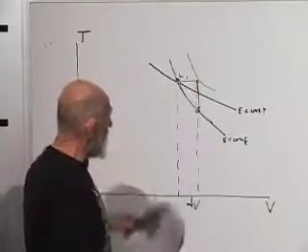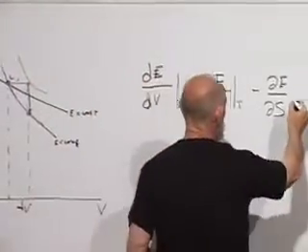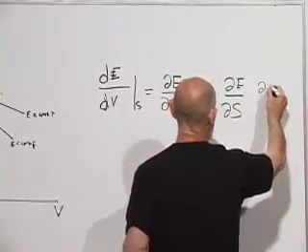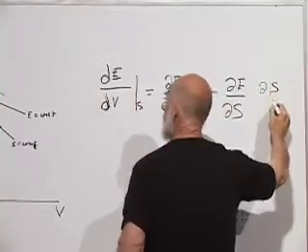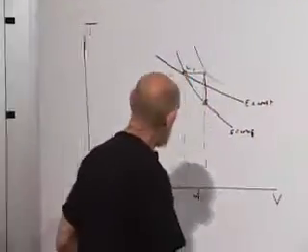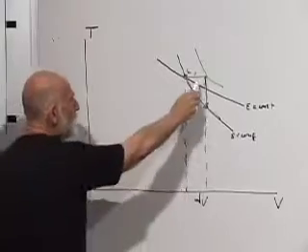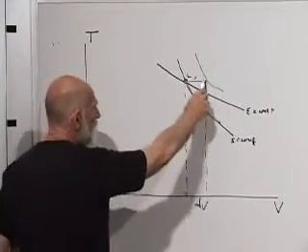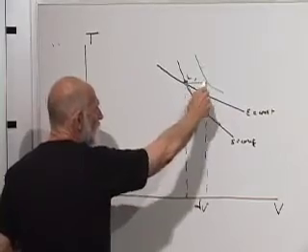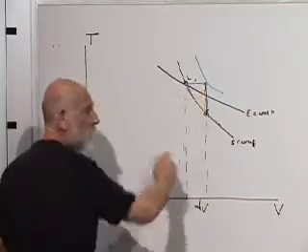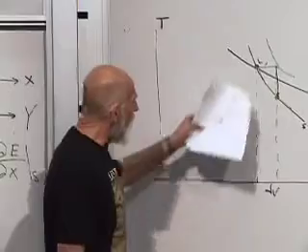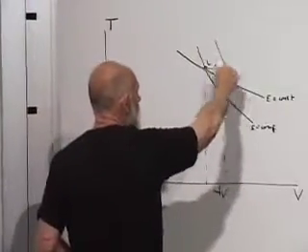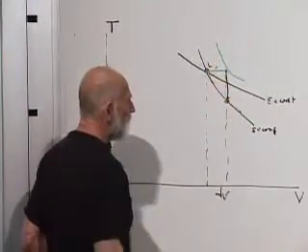So we have to multiply this by the change in the entropy when we go from this curve to this curve. It doesn't matter whether we go from here to here or from here to here. Why? Because the entropy is constant along these lines. Right?